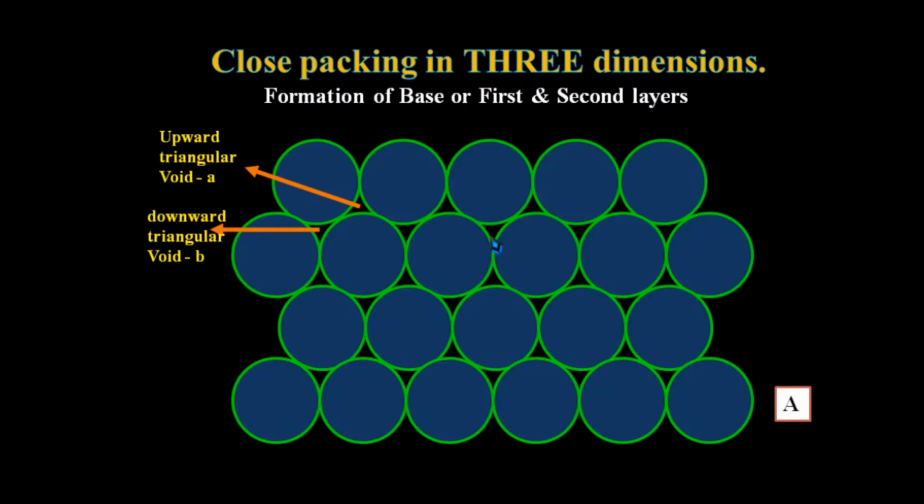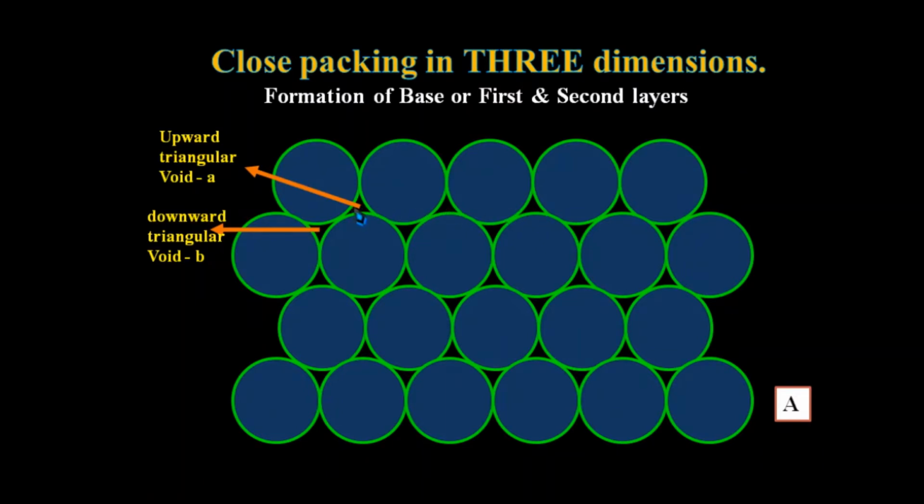In this arrangement, if spheres are placed on the upward triangular voids to make the second layer, which may be labeled as B, we place the spheres of the second layer on the upward triangular voids.